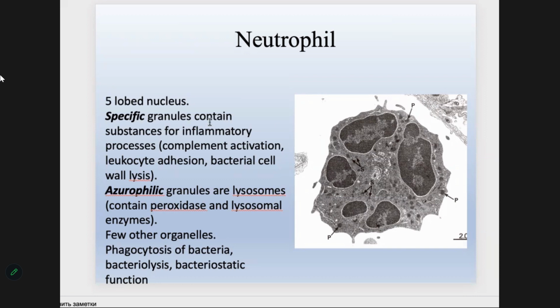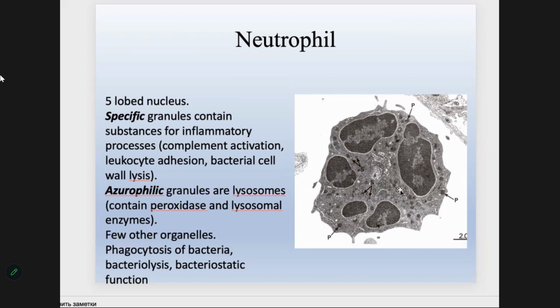Also, these granules house complement activation enzymes, which cause the lysis of bacterial cells. All these biologically active substances act as antibacterial substances and are necessary for antibacterial protection.